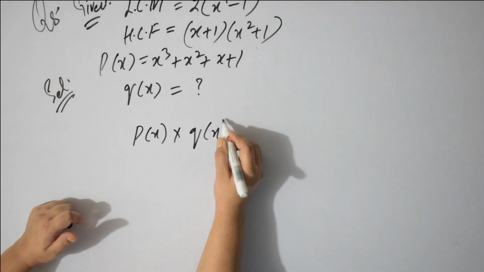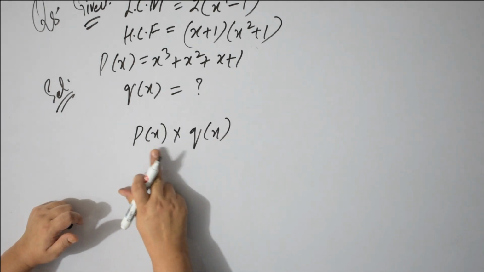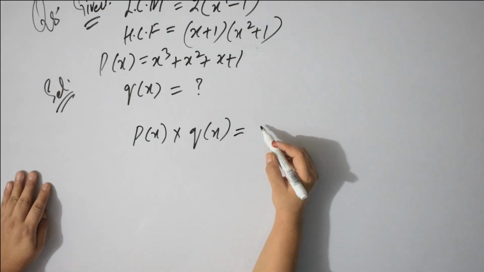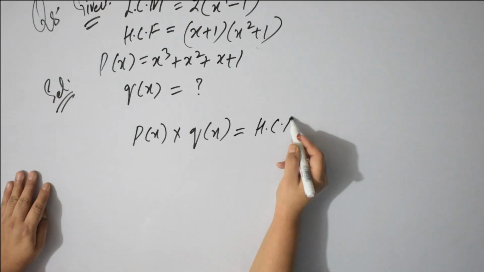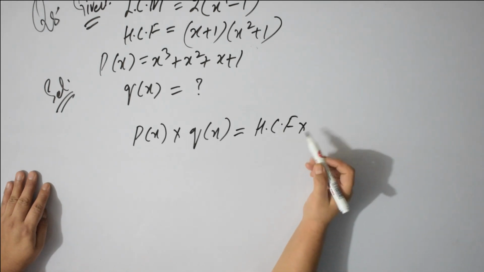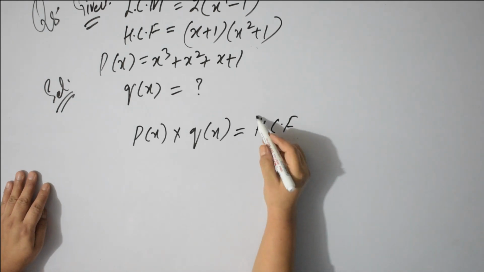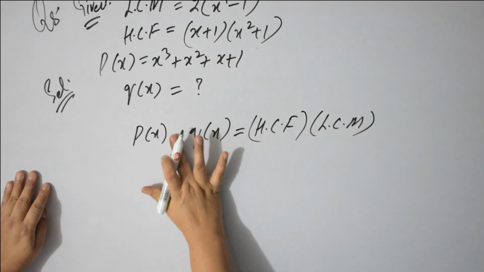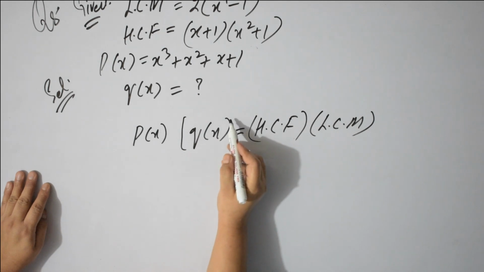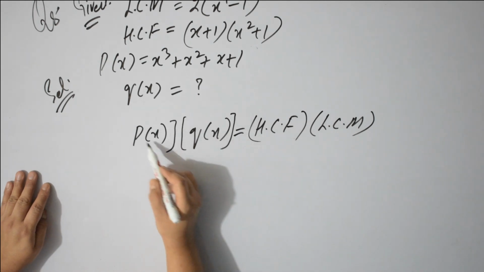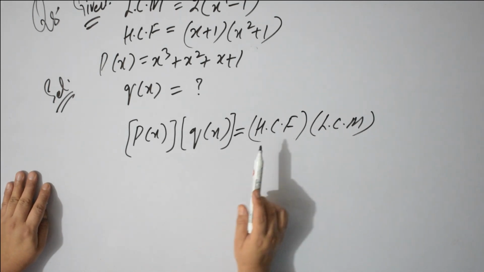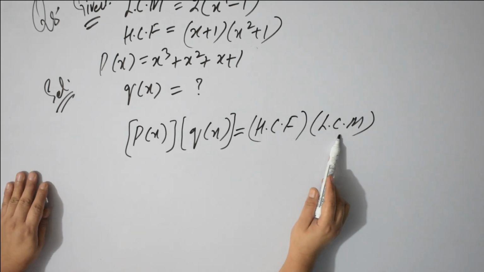P of x and Q of x, these are two polynomials, and their product is always equal to HCF multiplied by LCM. I am writing it here too, students, so that you do not have any problem. So the product of two polynomials is always equal to HCF and LCM.